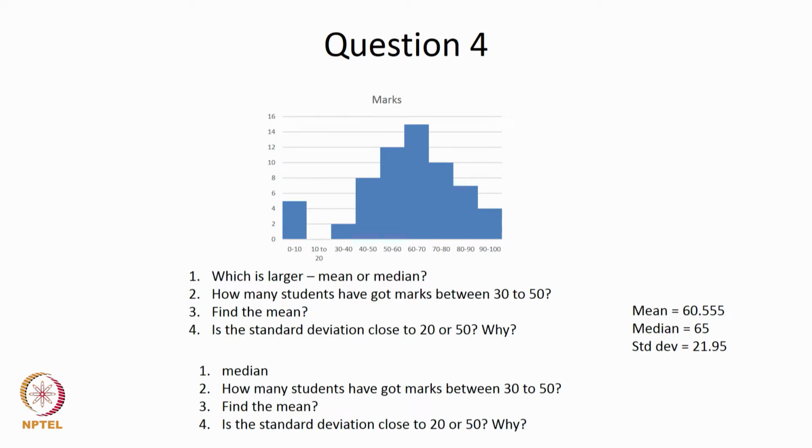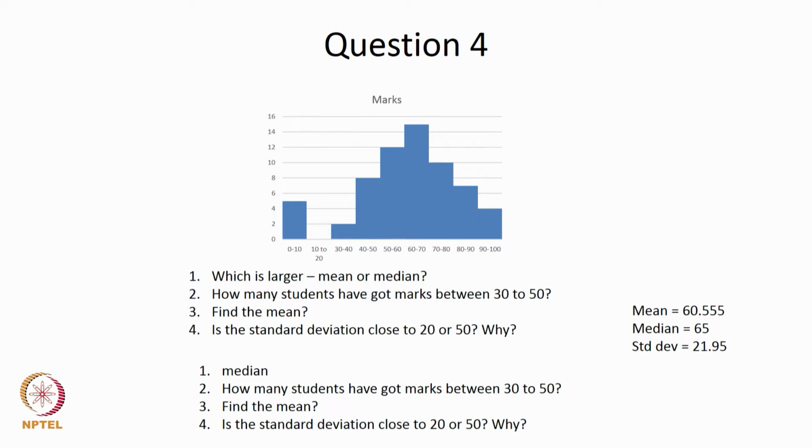In this case, the median is 65. The frequency 60 to 70 is the middle frequency in terms of data points, and the median is the midpoint of this, which is 65. The mean happens to be 60.555.